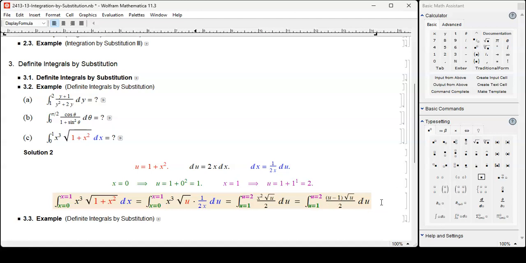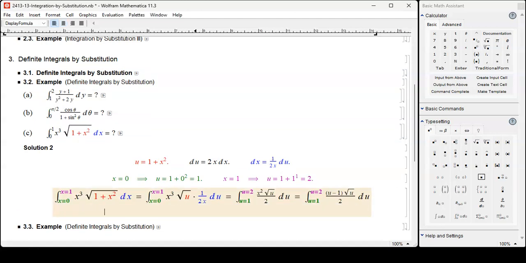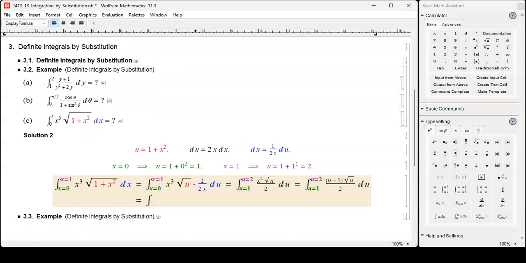Okay, as for the final computation, u is running from 1 to 2, and then 1/2 u times square root of u, so u to the 3/2 power, minus u to the 1/2 power, square root of u times 1.